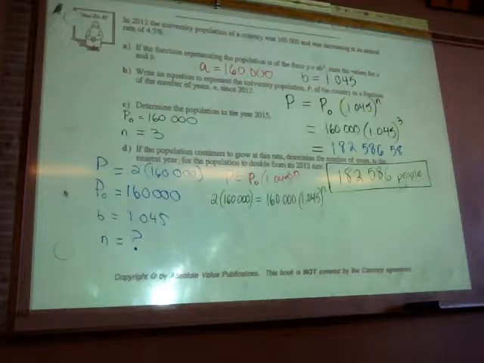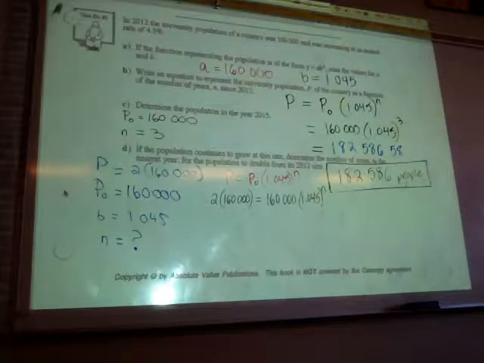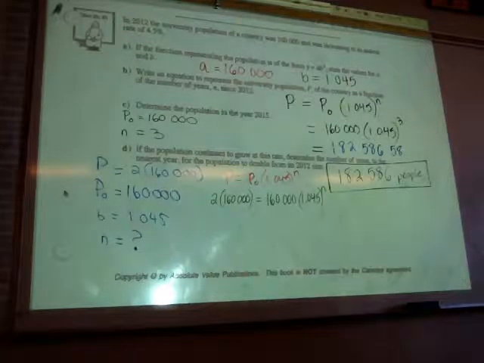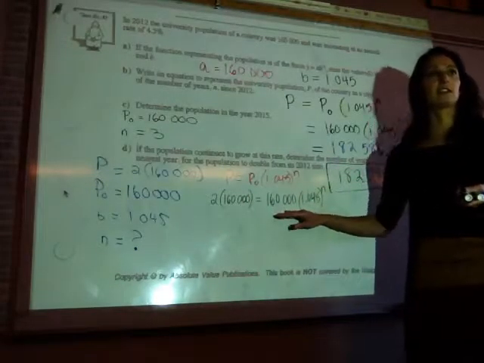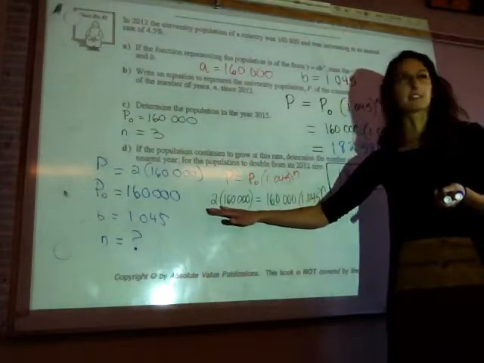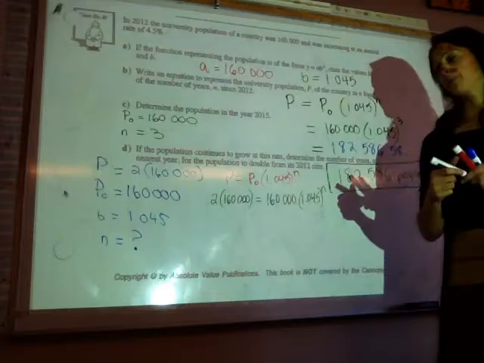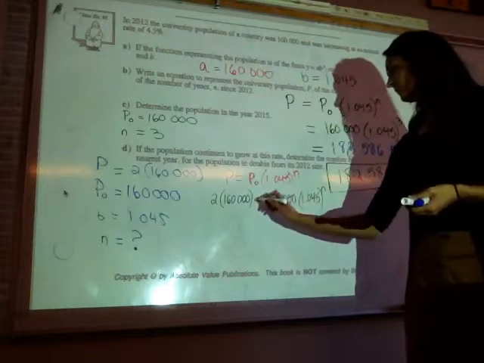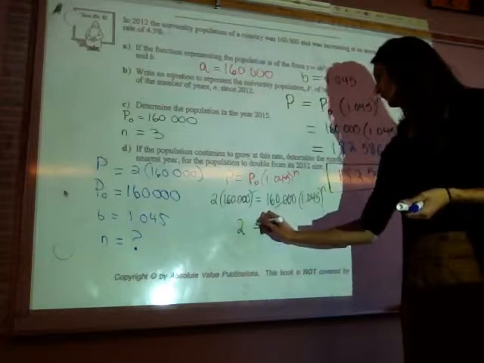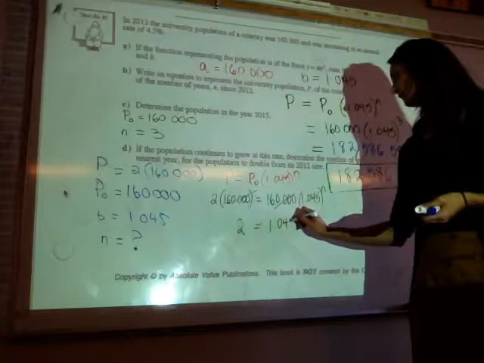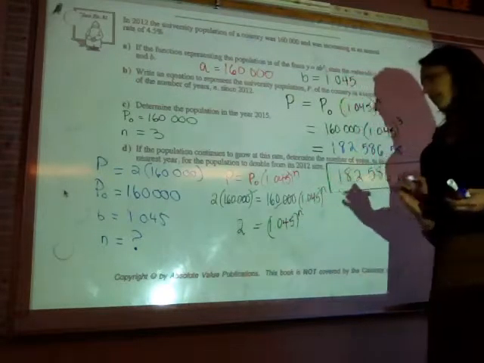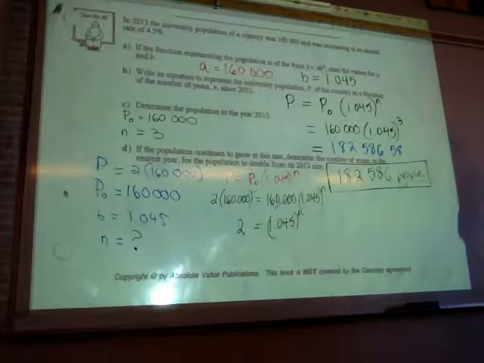You want to isolate the base with the exponent. So we're going to divide by 160 first. If you divide by 160 on this side, and divide by 160 on that side, they're both going to cancel out. So we get 2 equals 1.045 to the power of n.